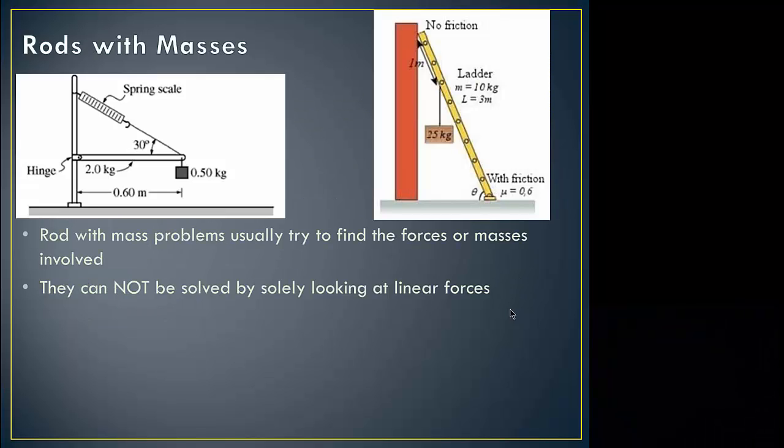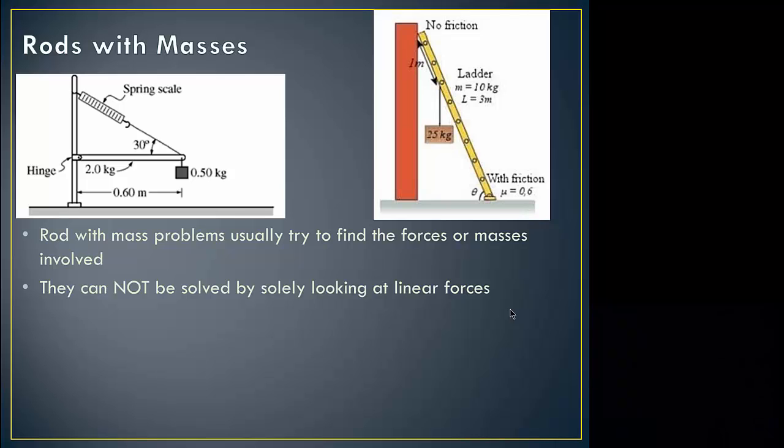The rods with masses, I think, are much more interesting problems. There are effectively two types of these problems as well. There's the hanging sign or the extended crane bridge type of view on the left, and then there are the ladder ones. These are interesting because there's no point of rotation being given.